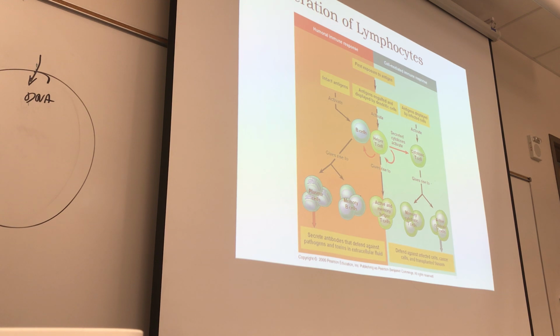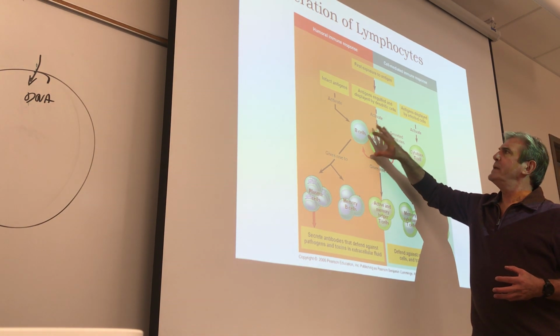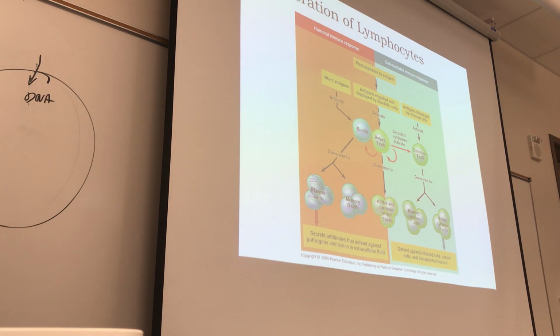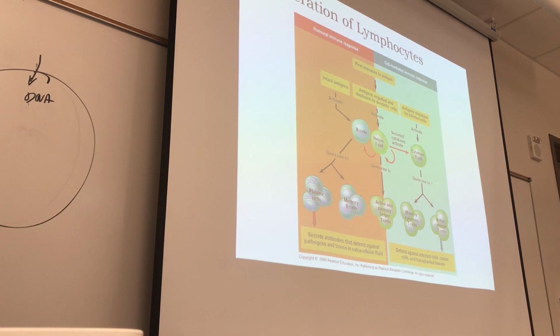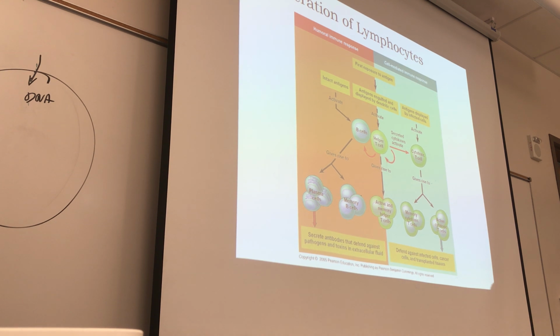So if you look at the big picture, where's the central focus? On the helper T cell. And that's what makes HIV so bad. Most viruses are very specific for the type of cell, species, or organism.